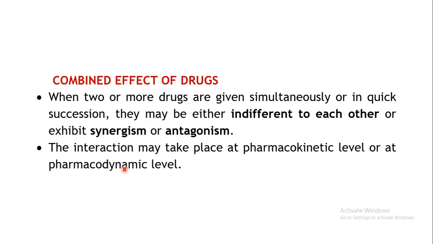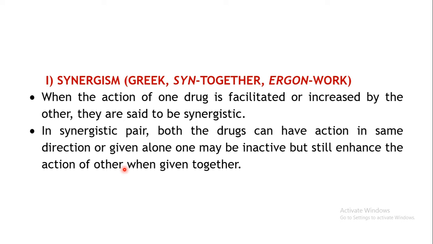Those types of interactions are known as pharmacodynamic interactions. Now, coming to the combined effects, how exactly at the dynamic level can one drug alter the action of another drug?